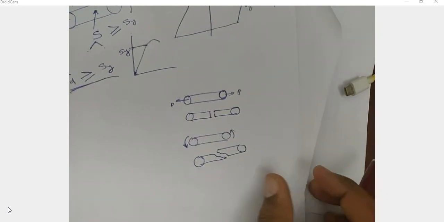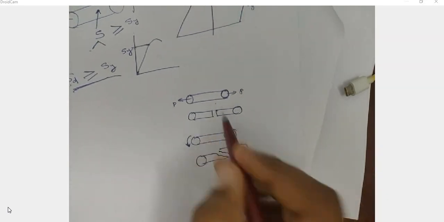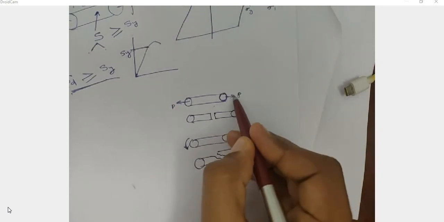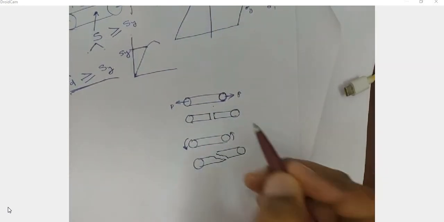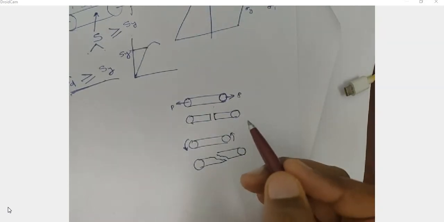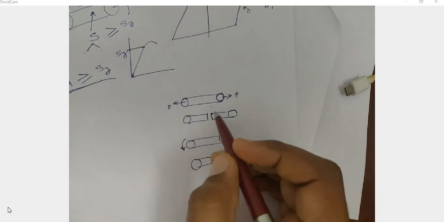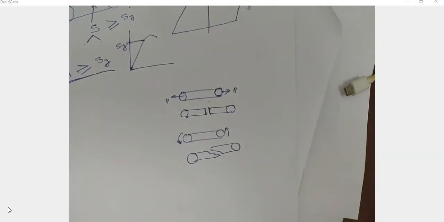You can experiment with that. So what is the reason for these two types of failure? In case a normal stress is applied, the cross section is subjected to principal stress, no shear stress. And based on this principal stress theory, it fails like this.